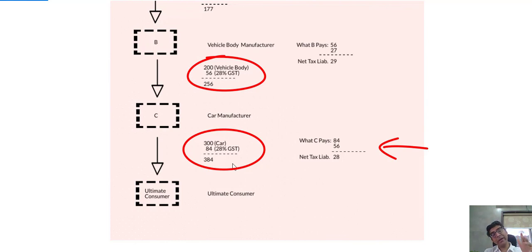Put another way, input tax credit is a way for businesses to reduce their tax liability. It's no surprise that this is the reason there is a huge amount of litigation surrounding input tax credit, because the government receives less money if a business sets off its liability.